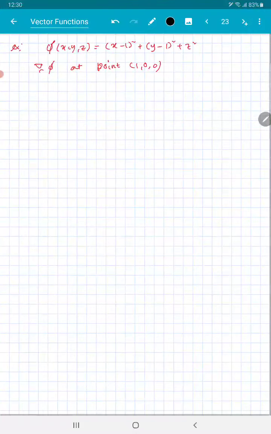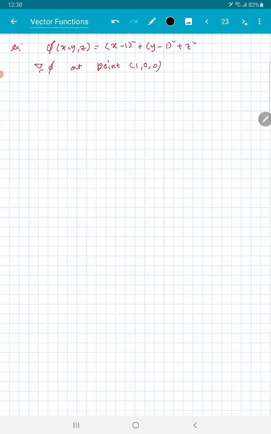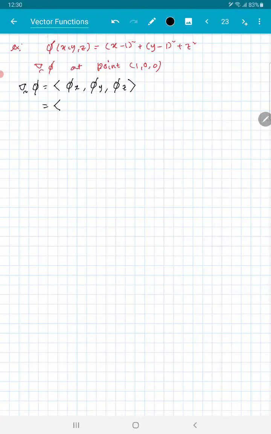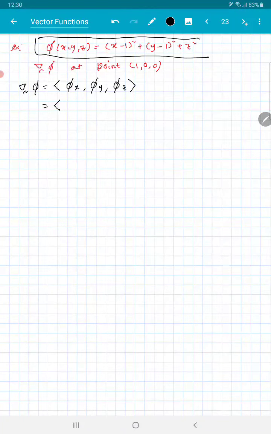From the formula, we know that the gradient of phi, or del phi, gives us a vector where the x component is partial phi partial x, the y component is partial phi partial y, and the z component is partial phi partial z. Let's find the x component. We differentiate phi with respect to x by holding y and z constant, which gives us 2(x minus 1).